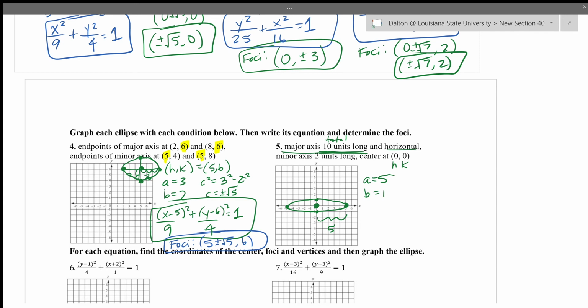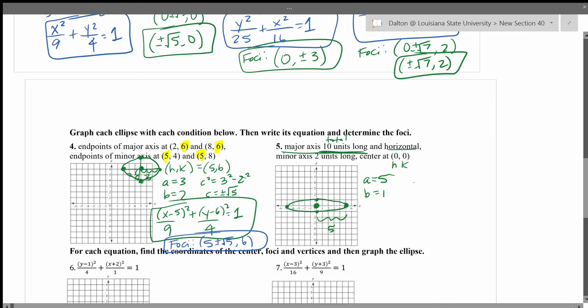Any ellipse that's centered at the origin is going to just be x squared over a squared plus y squared over b squared equals 1. In the x direction, it's being stretched at 5, so 5 squared is 25. In the y direction, 1 squared is just 1, and anything divided by 1 is just itself. So we actually don't even want to write it that way. As a simplified version, we want x squared over 25 plus y squared is equal to 1.